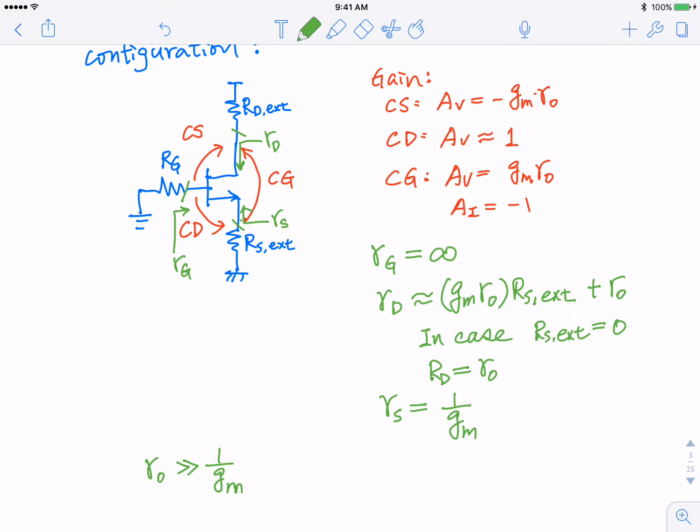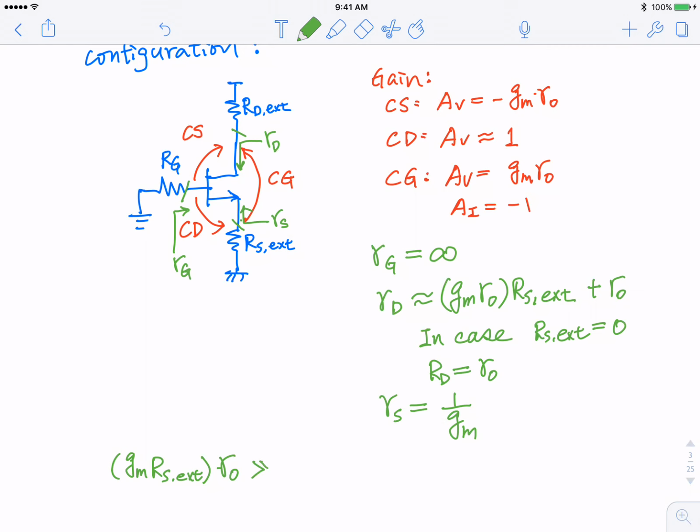And whenever you encounter this amplified one, if you have GM RS external times R0, I'm running out of room, let me erase this. The largest number is this amplified one, GM RS external times R0.